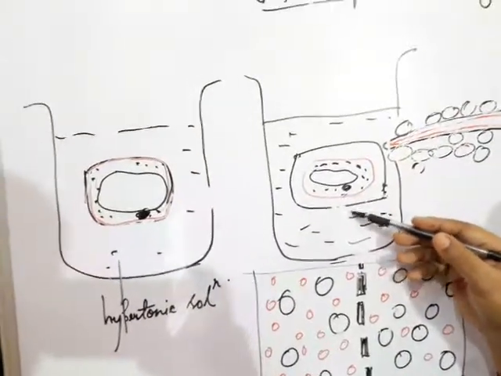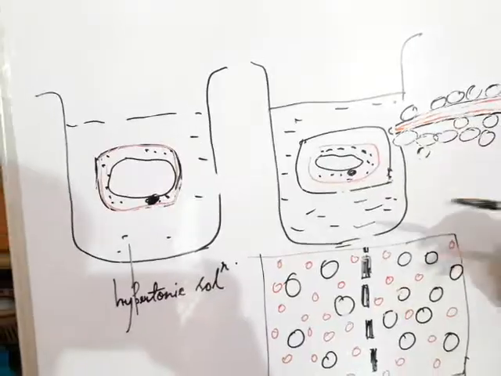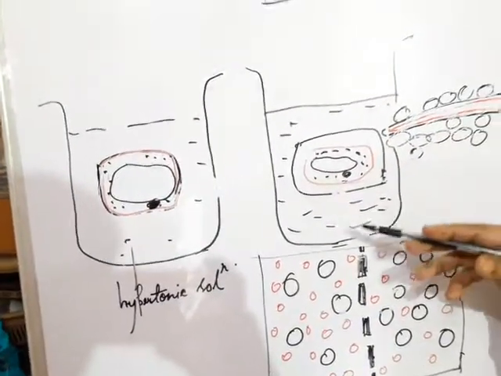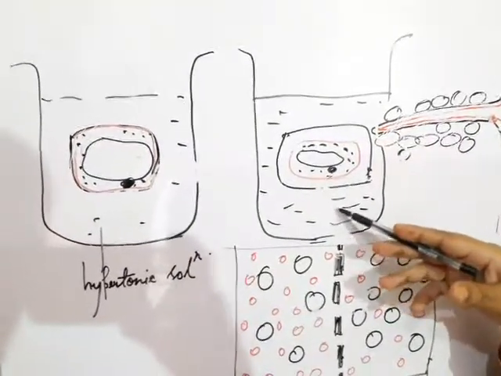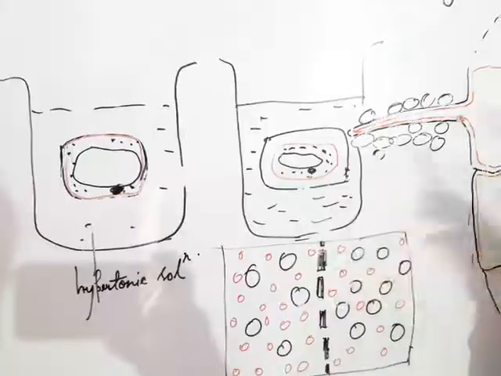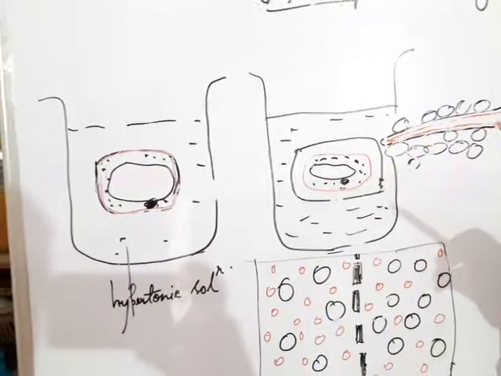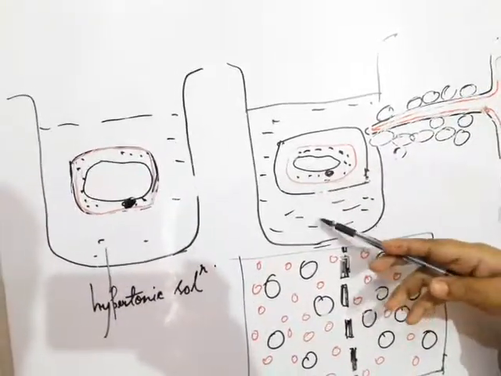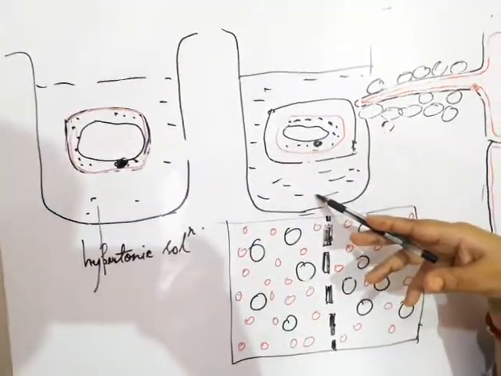This condition is called flaccidity or plasmolysis of the cells. When I say plasmolysis, I just told you the concentration of this solution is higher than the cell sap. Now one thing we are getting, that is relative concentration. Whose concentration is higher, the cell sap or the outer solution?